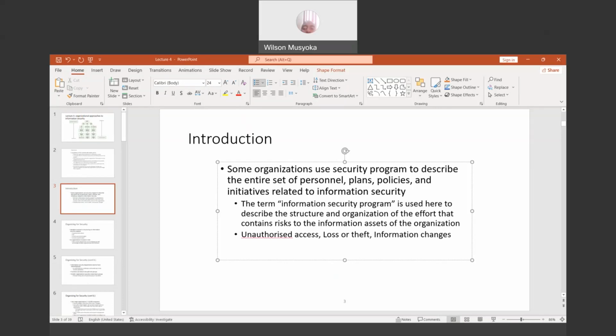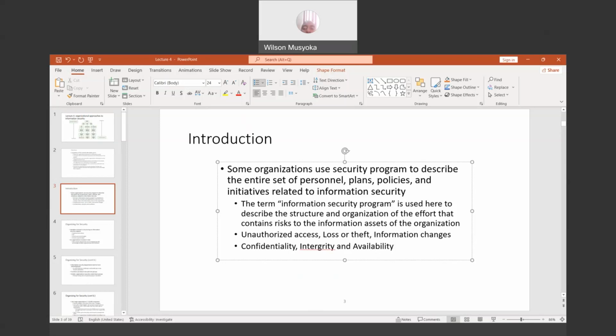If you look at what I have just listed, it closely ties to the three pillars of cybersecurity, which we normally talk about in terms of confidentiality, integrity, and availability.